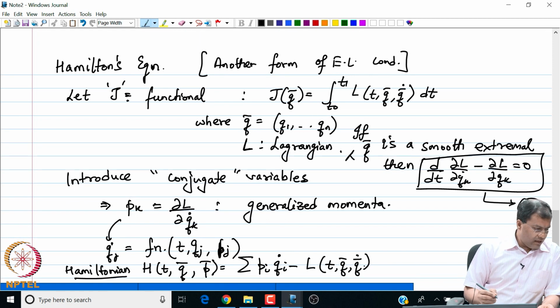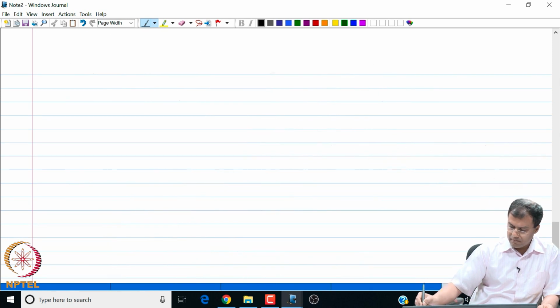Now let us see some necessary derivatives out of this Hamiltonian. If we differentiate the Hamiltonian with respect to Pi, Pi is an independent variable, and it only appears in the first sum, i from 1 to n. So the derivative of H with respect to Pi will give me Qi dot, and the derivative of H with respect to Qi will give me the derivative of L with respect to Qi with a minus sign, because Qi appears only in the second term.